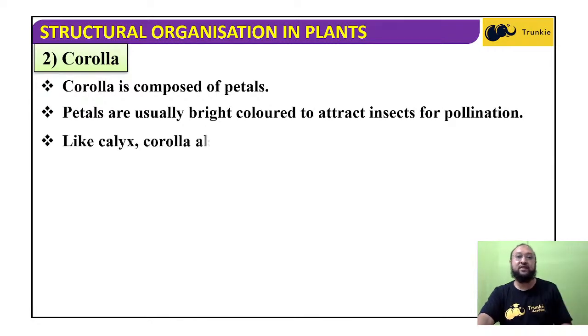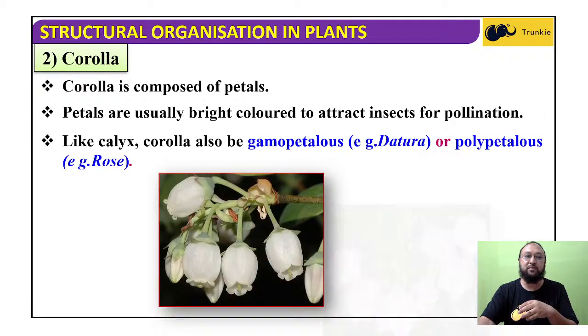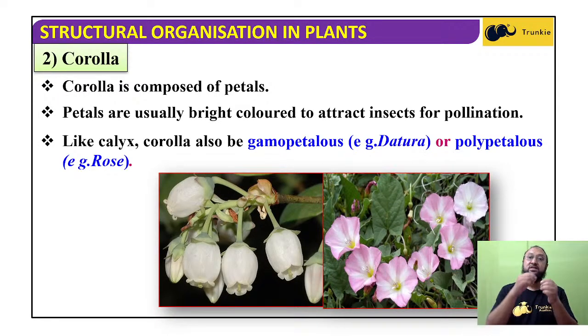Petals are usually brightly colored to attract insects for pollination. Like calyx, corolla can also be gamopetalous, for example datura, or polypetalous, for example rose. In the rose the petals are separate.